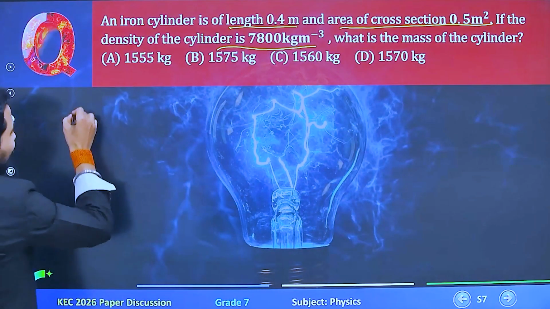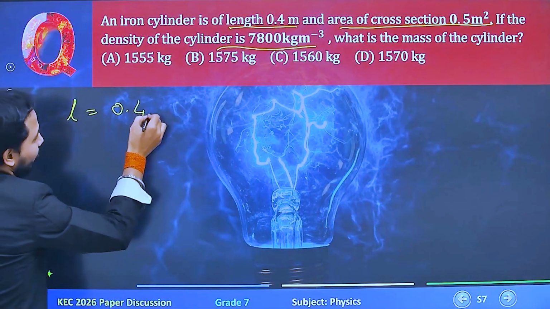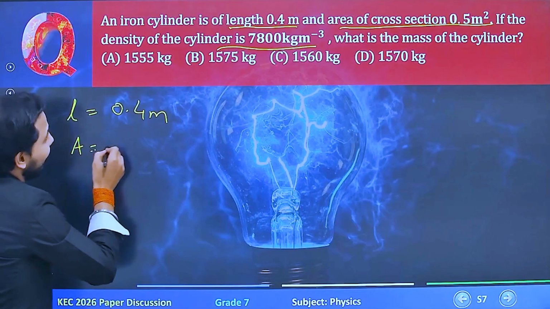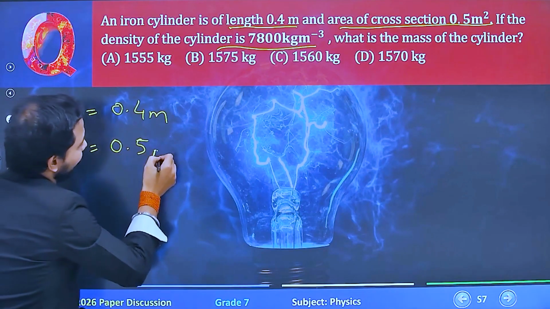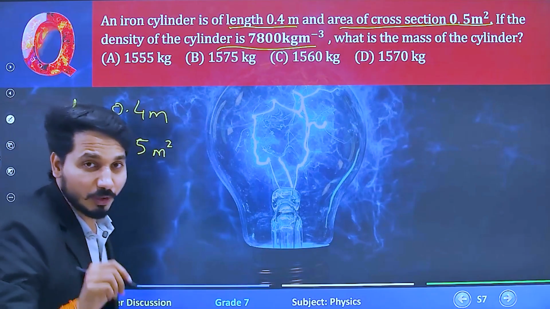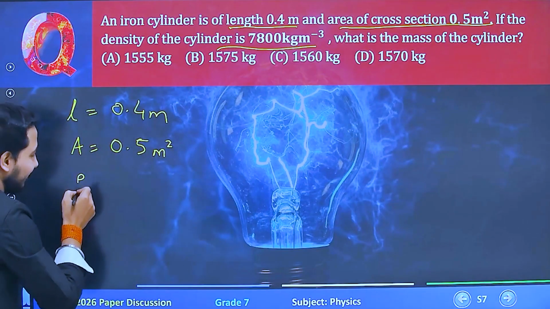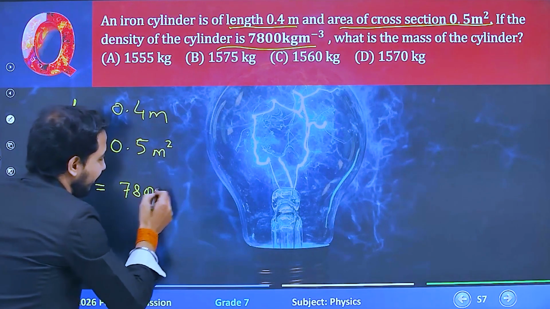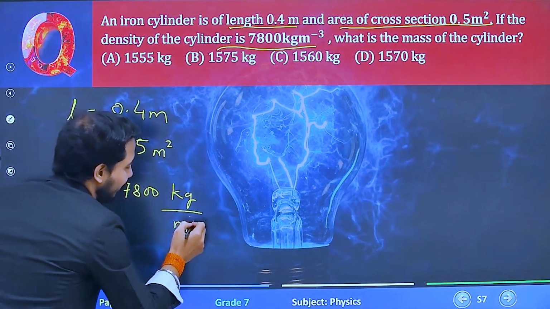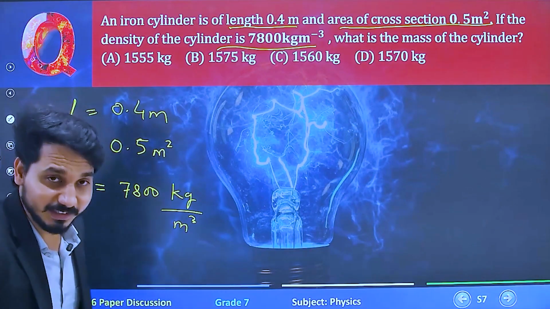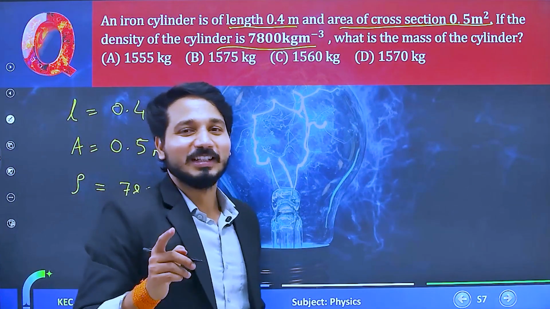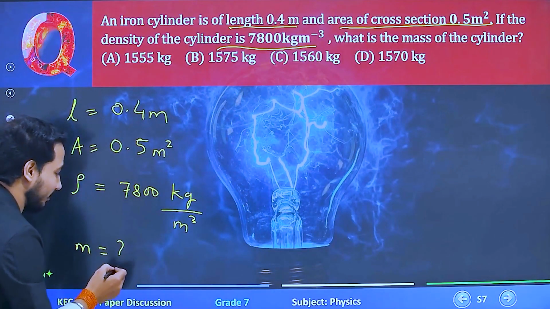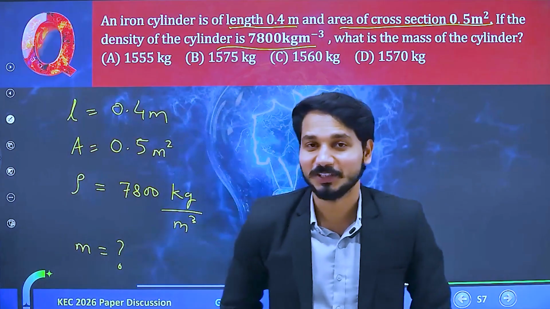Length of the cylinder is 0.4 meter, and area is 0.5 meter square. Density is denoted by rho, equal to 7,800 kilogram per meter cube. And what is it asking? Mass.